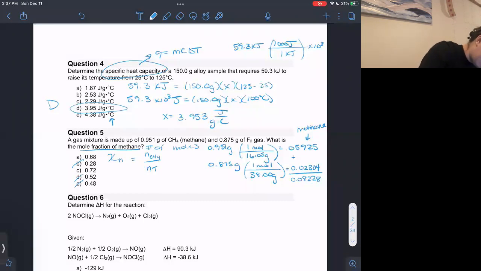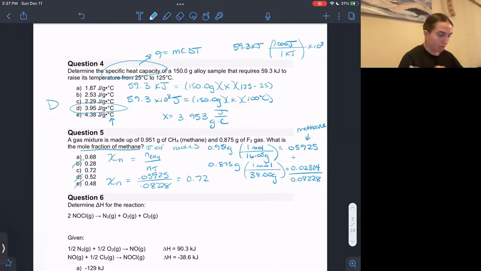And then I can take my mole fraction, which will be 0.05925 divided by 0.08228, is equal to 0.72. Awesome. So I'm expecting a number greater than 0.5, and I got that. So I'm pretty happy with that one. We'll call that C. And keep going.